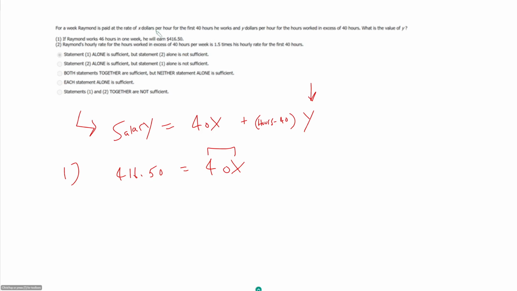X is his hourly rate for those first 40 hours, but we don't know the value of it. Then he works 6 hours in excess. This is the equation we get here, and really can't do anything. We can factor out a 2 here, but we have 2 variables. We're not going to be able to solve for them, therefore we cannot get Y.